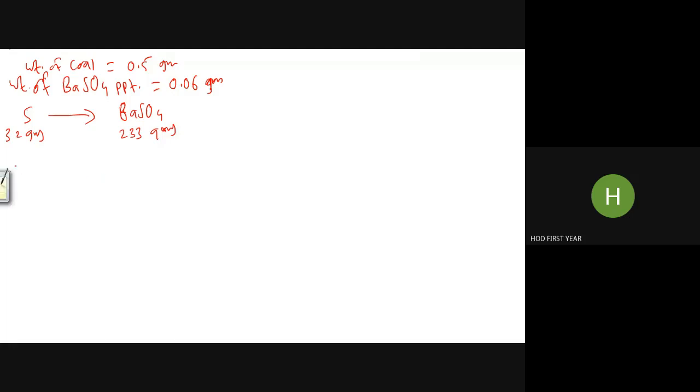So the formula for percentage of sulfur: reactant sulfur, weight 32, upon product BaSO4, weight 233, into the actual weight of BaSO4 produced, upon the weight of coal used in the bomb calorimeter initially, into 100.